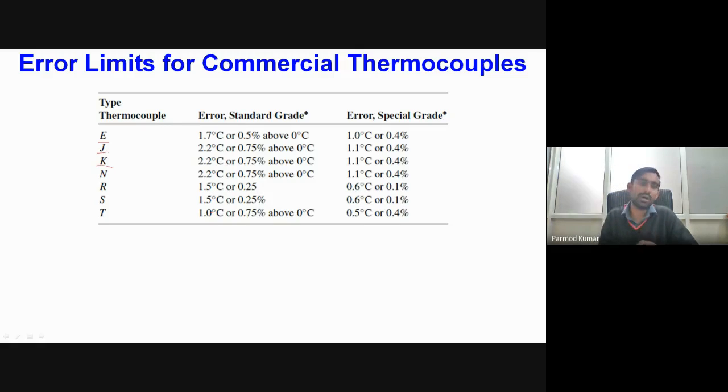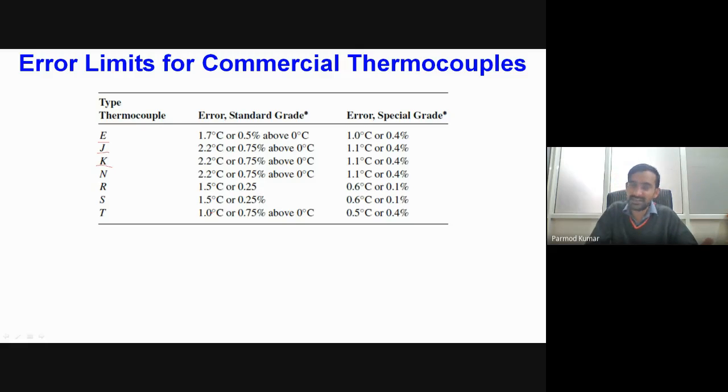Okay, so while you are selecting the thermocouple for your actual experimental apparatus, at that particular point of time you have to also consider the error requirement, or the error of your measurement device, while selecting a type of thermocouple, because you may find that within the range of your temperature measurement, two or three types of thermocouples are satisfying the range of operation.